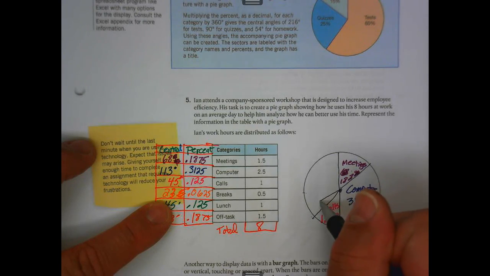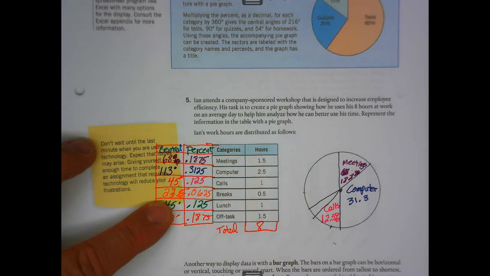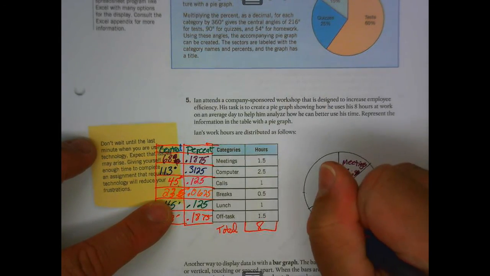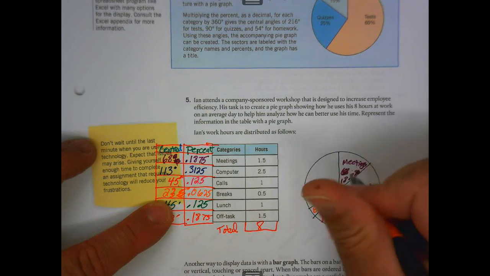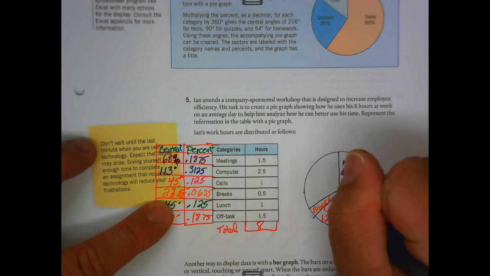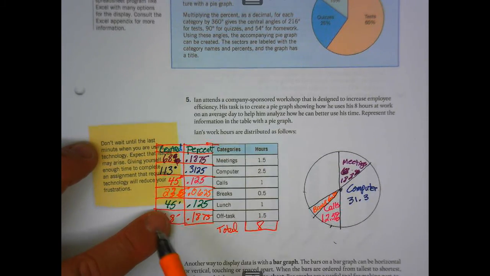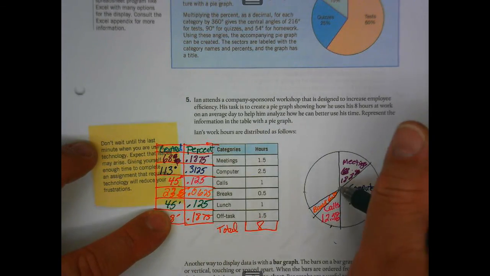Lunch was a central angle of 45. So lunch, and that percentage was 12.5.